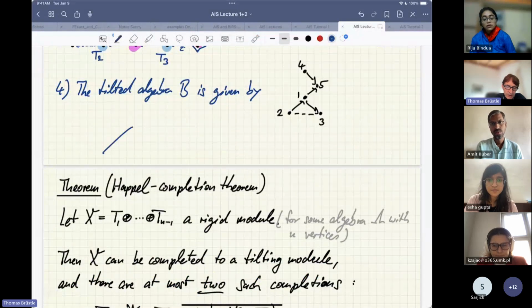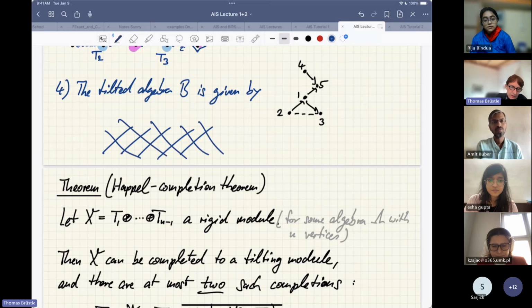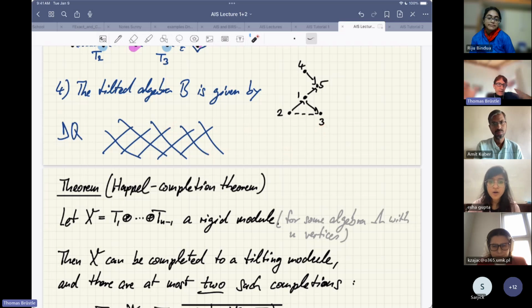However, if you were in the derived category, in D of Q, you would always find infinitely many. In the derived category, there are always infinitely many options that you can fill in and still have a rigid object. So this is not what you want.